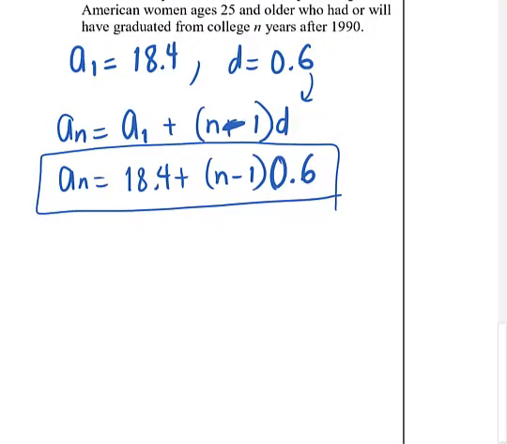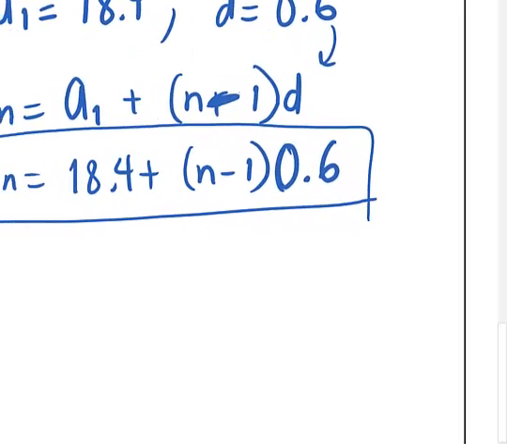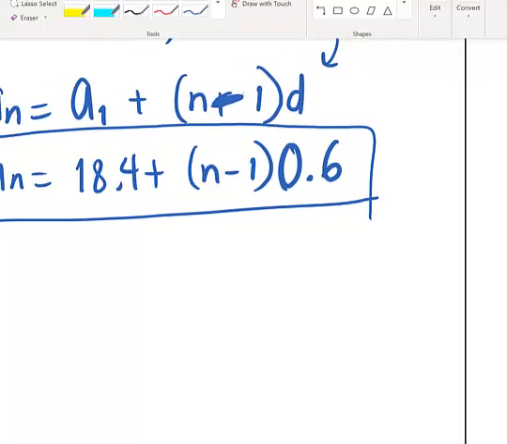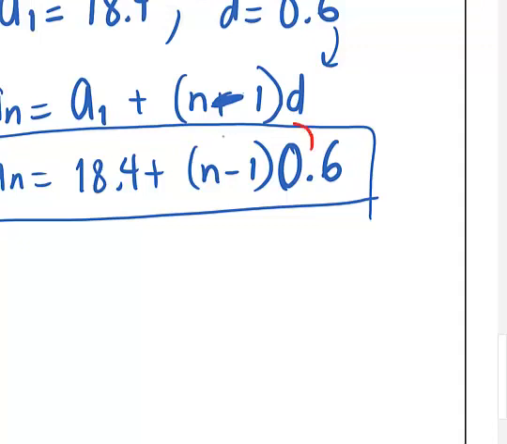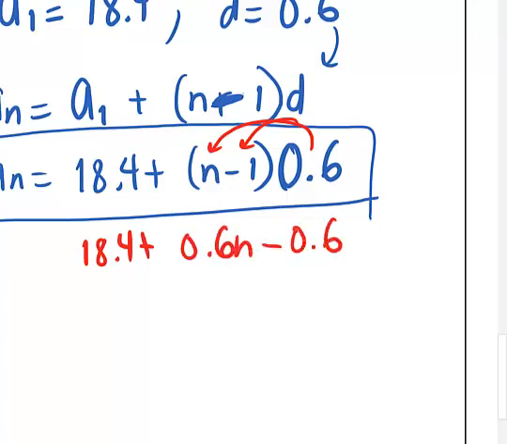I guess if you wanted to, you could simplify it. I'm not saying you have to, but if you did want to, what I would do is distribute this 0.6 into the parentheses here. So it'd be 18.4 plus 0.6 times n, minus 1 times 0.6, that makes negative 0.6. And then you're just combining like terms. I don't think this is necessary, but just in case you ever come across this.